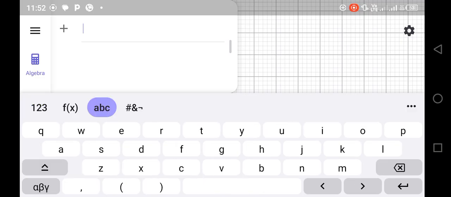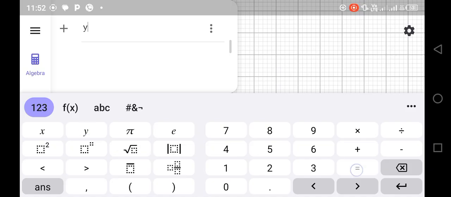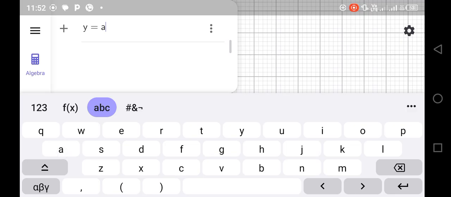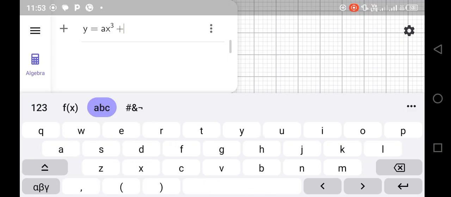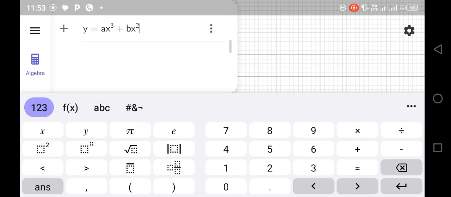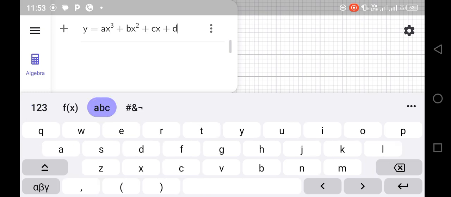You can say y is equals to ax cubic plus bx squared plus cx plus d.